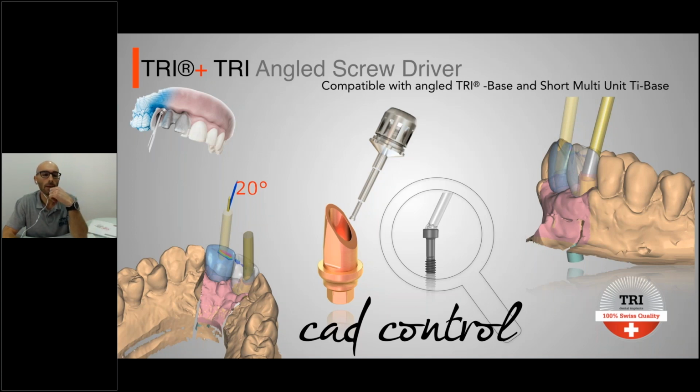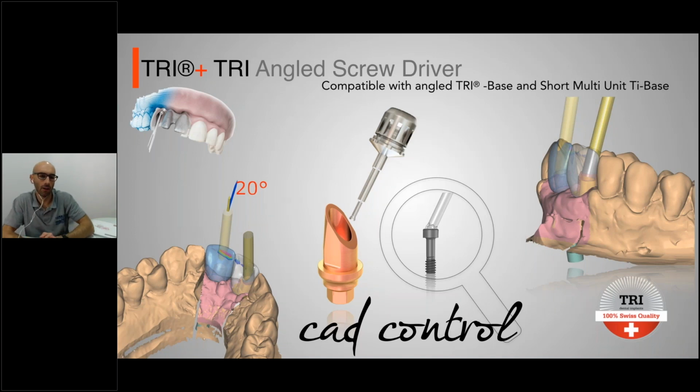So you can easily control your screw channel through the CAD and position it, like in this case, on the anterior esthetic case, we put the screw channel on the palatal side. So we can get the benefit of a screwed crown in an easy way because everything is planned through the CAD.